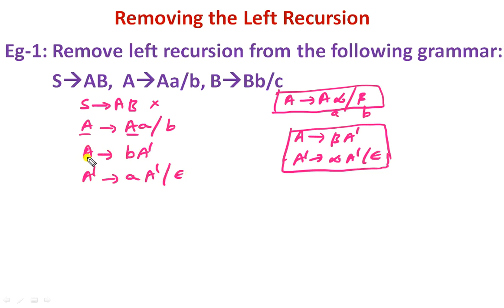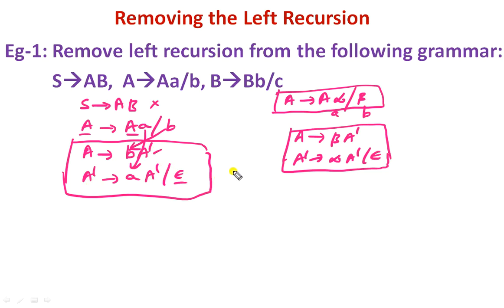Let us see how to remember these new production rules. Very simple logic. A generates, first consider the symbol B. B comes here, and introduce a new variable A dash. Next, A dash generates, just reverse these two. First consider A, and then after A, put A dash, and A dash must generate epsilon also. So like this we are going to convert.